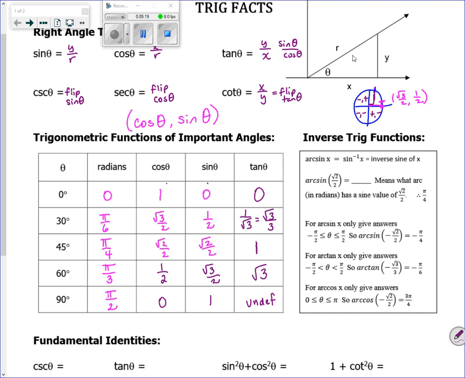But remember, for arc sine of square root 2 over 2, it's almost like you're going backwards. Instead of me saying, hey guys, what's the sine of pi over 6? I'm saying, give me the arc who has a sine of square root 2 over 2. Now what you have to remember is where you look, because when the question is arc sine, there is one answer only.